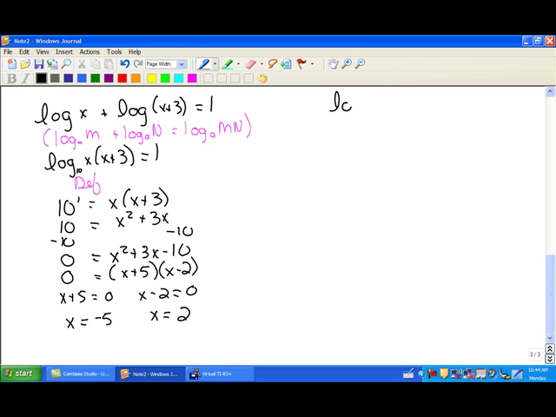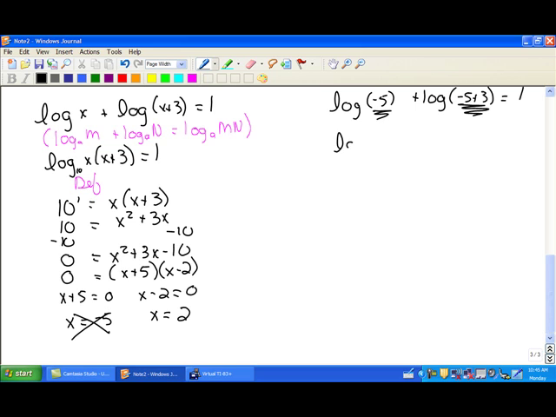If we tried to put the -5 back into the original problem, we'd have the log of -5 plus the log of -5 plus 3 equals 1. Here we're taking the log of a negative number. You can never take the log of a negative number. That's not in the domain, so we have to throw out the -5 answer.